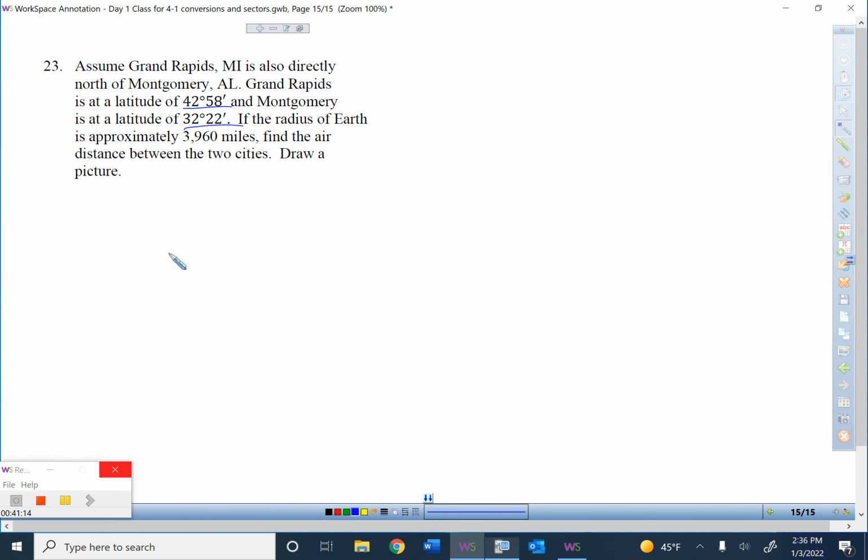So same process here. It says, let's assume Grand Rapids is also directly north of Montgomery. So they don't even give us the longitude numbers, they just give us the latitude numbers. So here is my Grand Rapids, and there's my Montgomery.